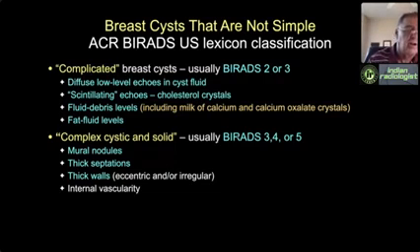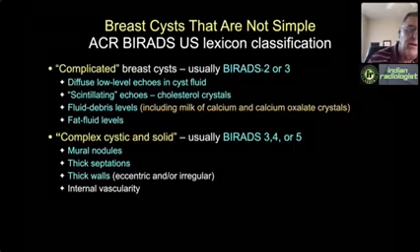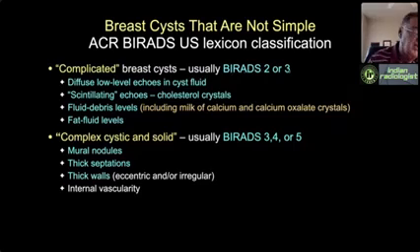And by changing the terminology to complex, cystic, and solid, it makes it easier to appreciate that that's a higher risk situation. So complicated breast cysts are usually BI-RADS 2 or 3. If they're multiple incidental bilateral, they're BI-RADS 2. If there's a dominant complicated cyst that causes a palpable abnormality or a mammographic abnormality, you might call it BI-RADS 3.